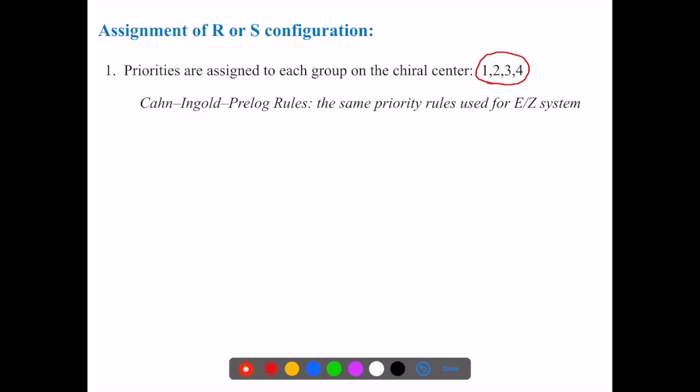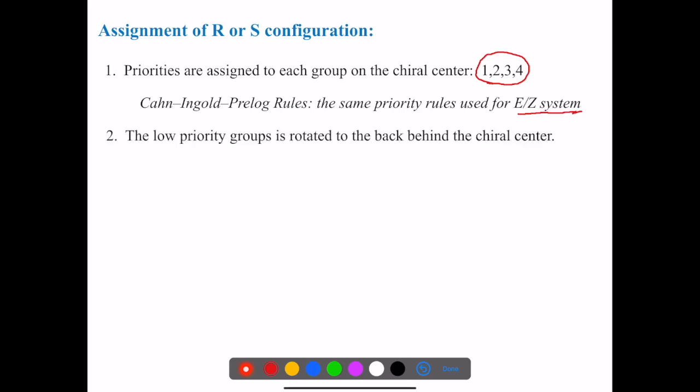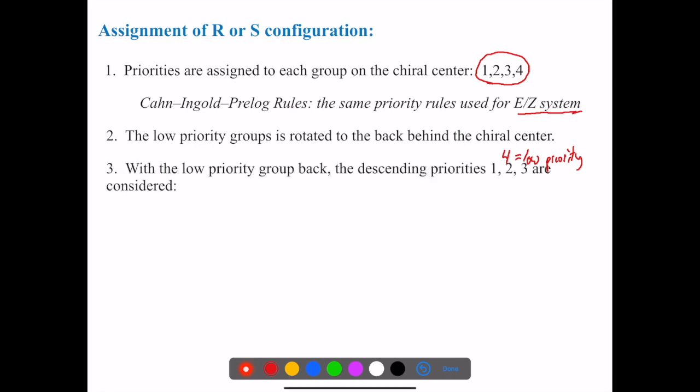And you might remember these from when we were defining an alkene as an E or a Z. We put the low priority group, which is 4, one is the high priority group. We put the low priority group in the back, behind the chiral center. With that in the back, we consider the arrangement of the top three priorities, 1, 2, and 3.